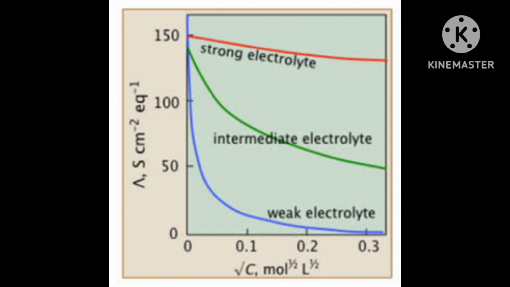Suppose you have 3 moles, 2 extra moles you have added, then now it will multiply again. Conductivity will increase. And in that way, if concentration is decreasing, then conductivity will decrease.